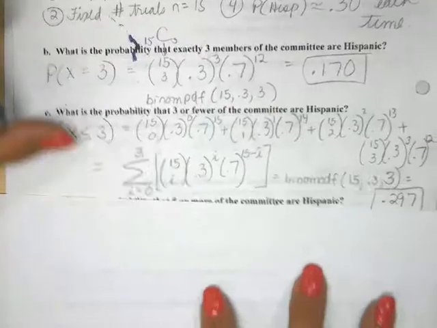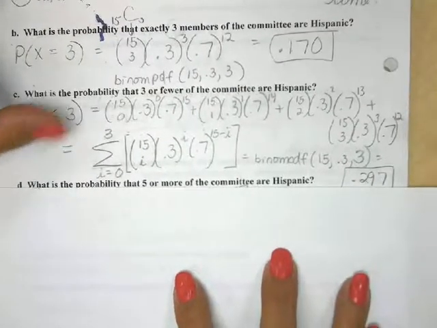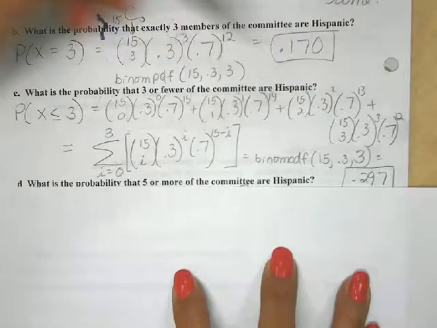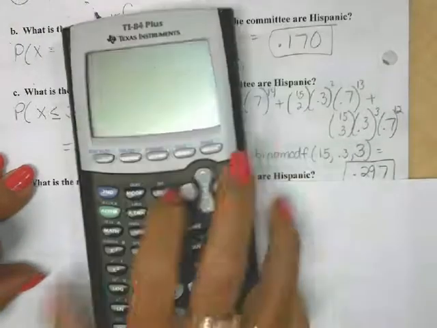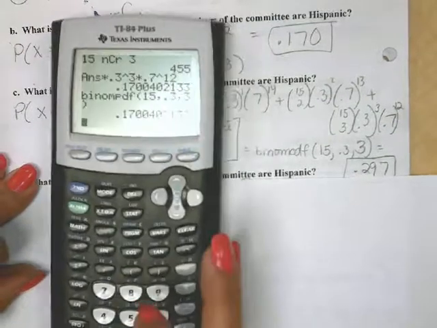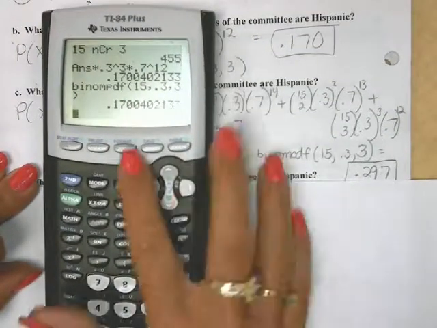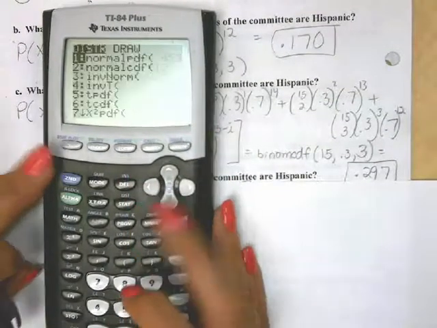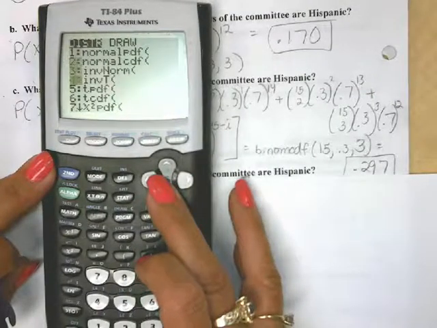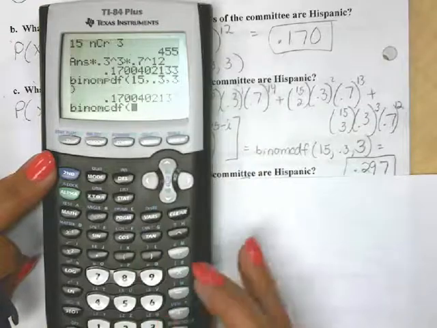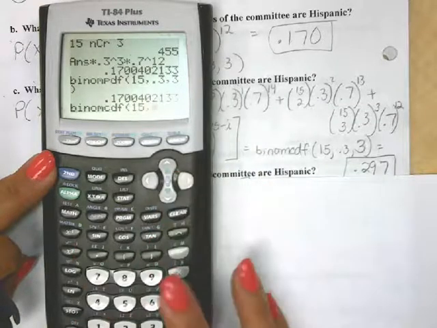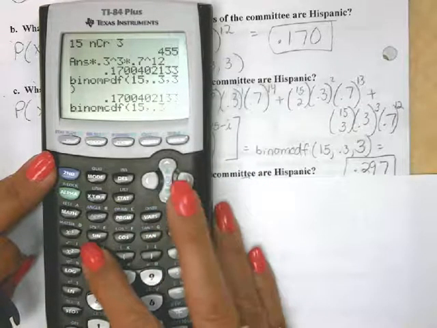So this is the notation that I would enter to add up all of these different events. I hit the binomial CDF, and again, it's under the same place. We go to second, distribution. Under binomial CDF, I type in 15, comma, 0.3, comma, and 3.